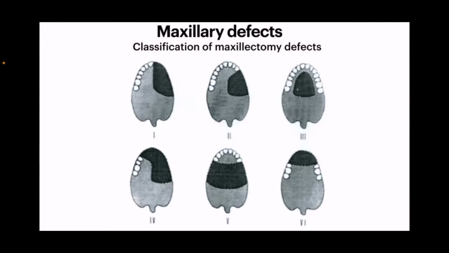For class 3 defects, the design for these patients is pretty simple, and retention and stability can be effectively planned. Class 4 defects are a little difficult to restore because of the lack of supporting structure which aids in retention. Class 6 defects are actually rare. They occur mostly in trauma or congenital defects rather than a planned surgical intervention.